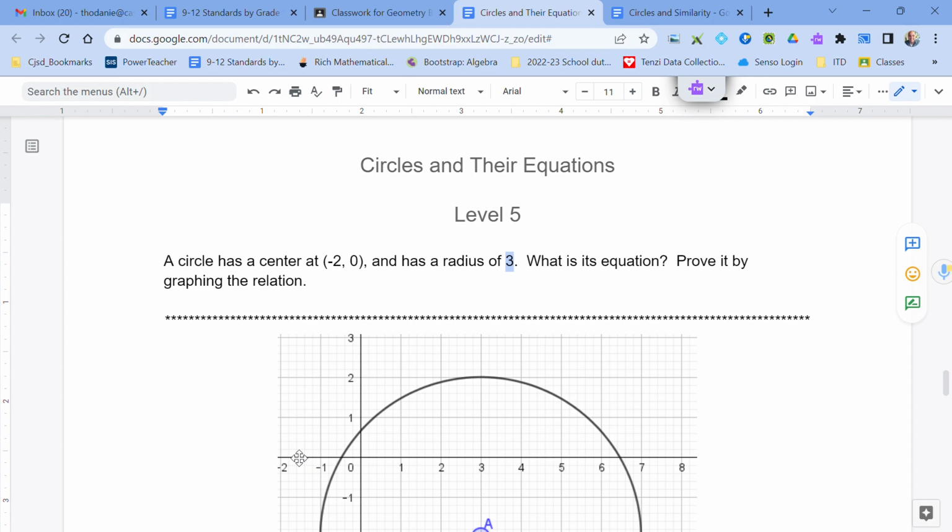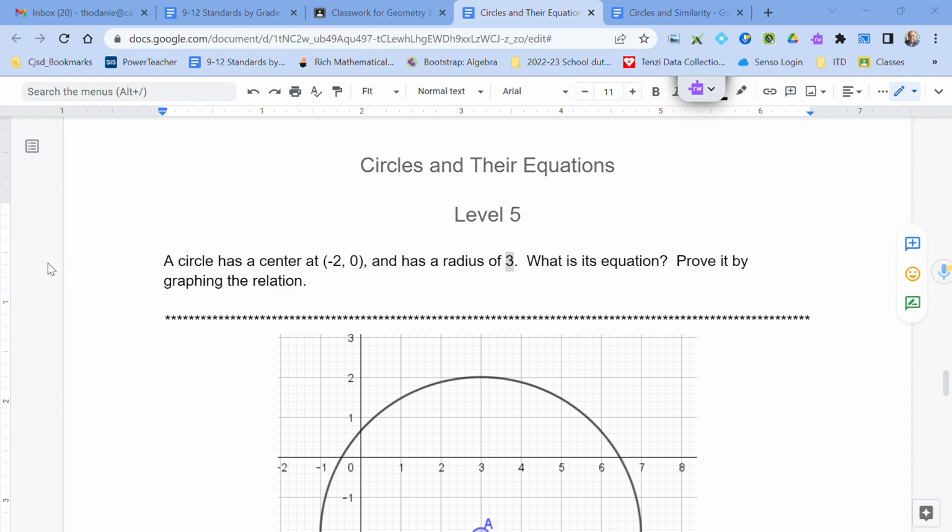Right? Oh no, 3, sorry. The radius was not 4 squared. The radius was 3 squared. So see how I'm changing this in here? 3 squared. So now I have a circle's equation.